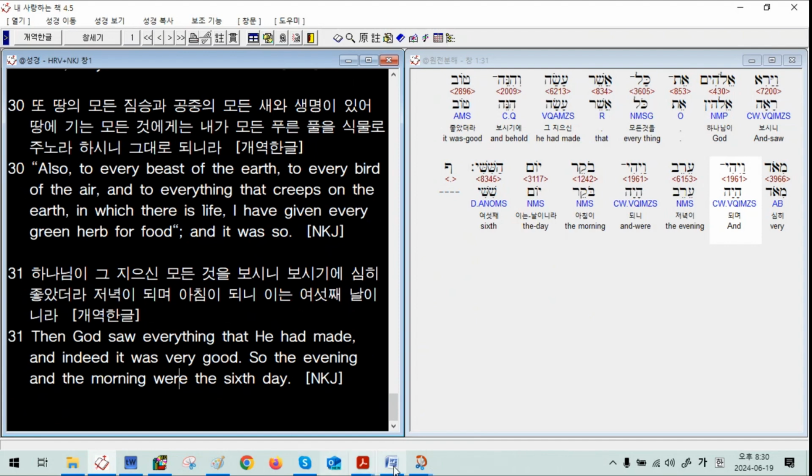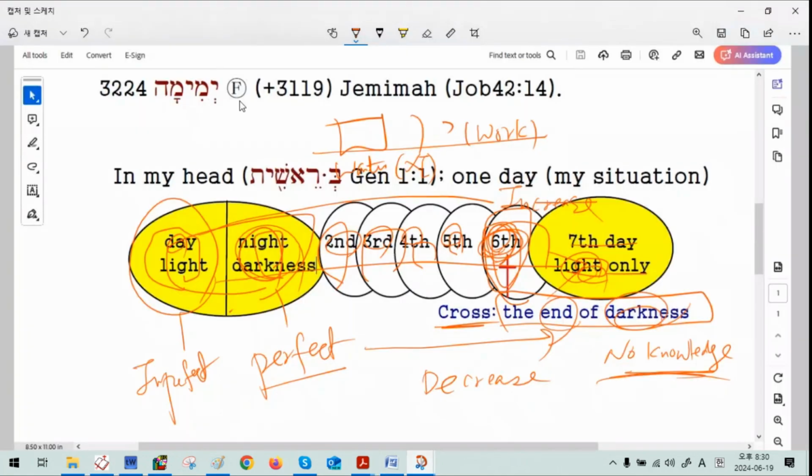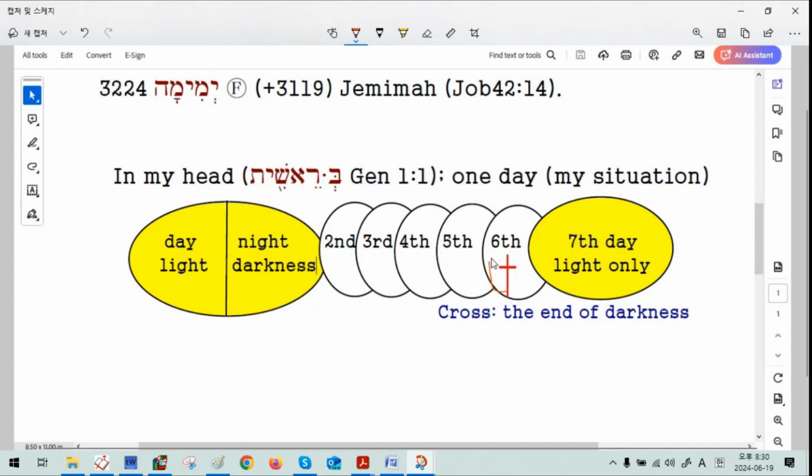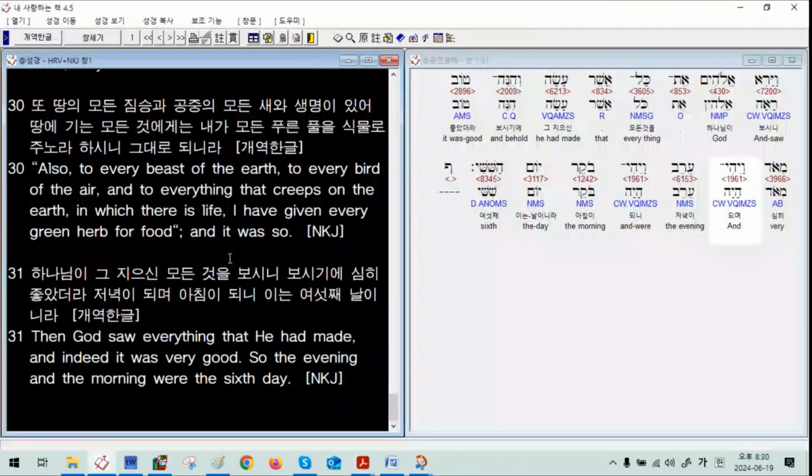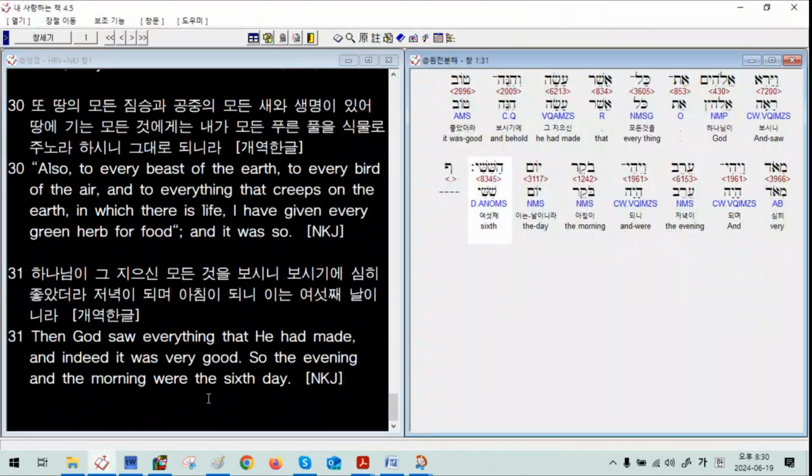In order to become the full light and full day, in the 7th day, you go through the crucifixion. Those all go through the daylight, night, darkness process. It needs to go through it, right? That evening is the exchange of knowledge. Then what does the morning mean? Morning is boker. Let's go to my dictionary, 1242.